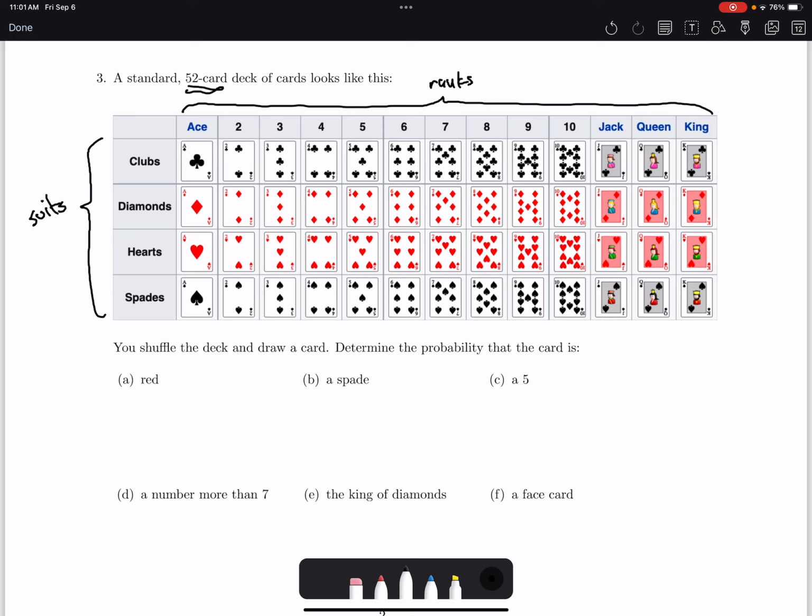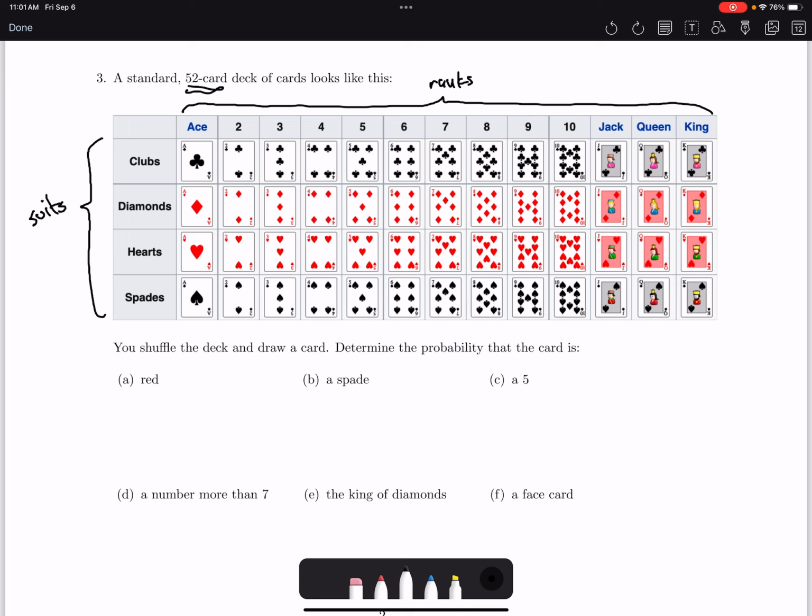The ranks go from ace, which is the same thing as 1, then 2 through 10, and then we have jack, queen, and king. Diamonds and hearts are obviously red cards. Clubs and spades are obviously black cards.